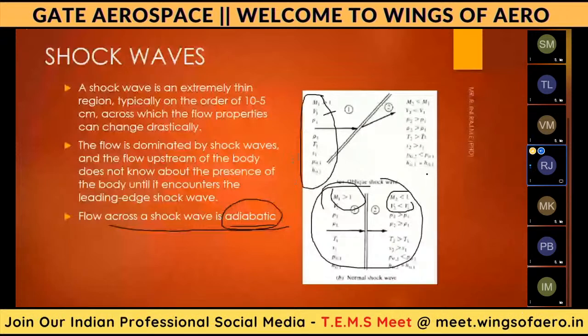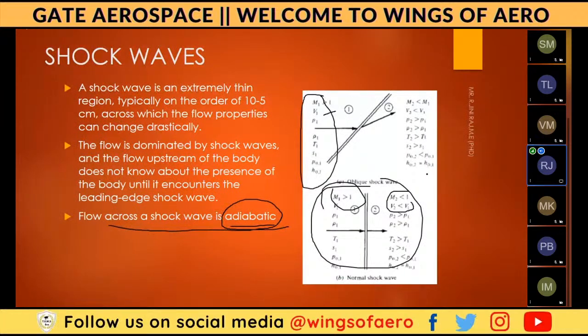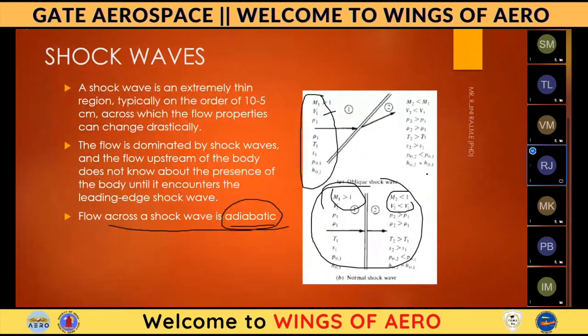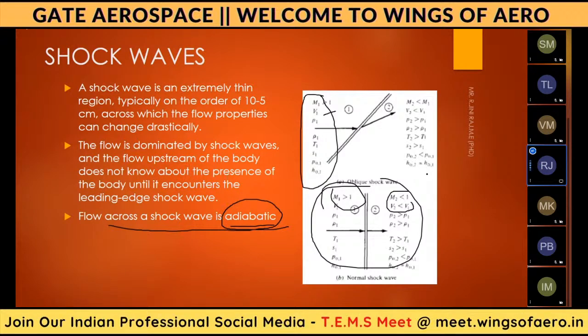We are not at all producing a shock artificially. Whether any heating process or any cooling process is there in the formation of shock? No, there is no heating or cooling process in the formation of shock. It's automatic: if a body is moving at a supersonic speed, the shock automatically gets formed because of the continuous compression of the air flow at a particular region.